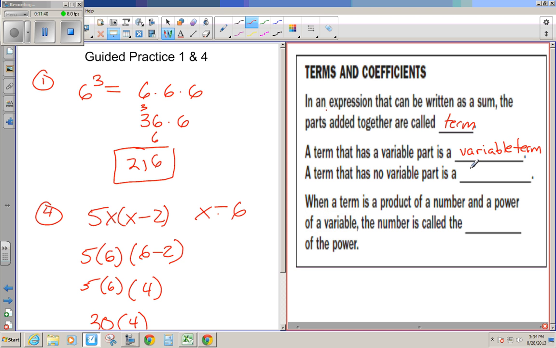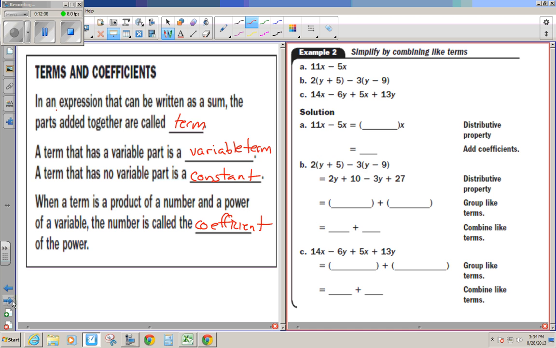The term that has no variable part is a constant term. And then when a term is a product of a number and a power of a variable, the number is called the coefficient of that term. Just some vocabulary there to review.